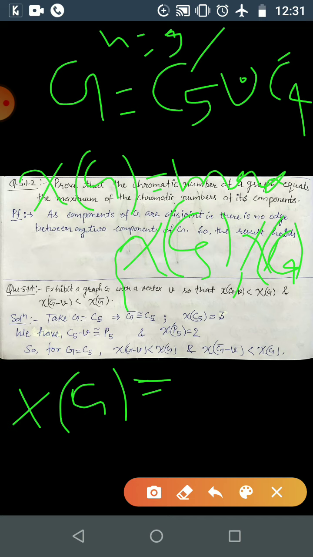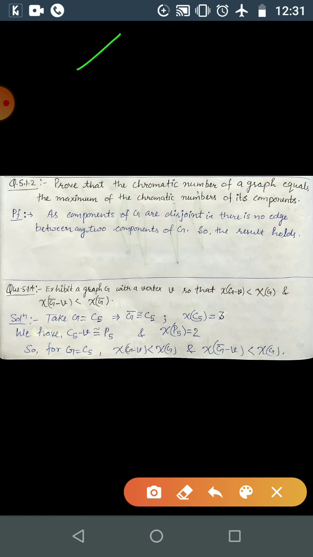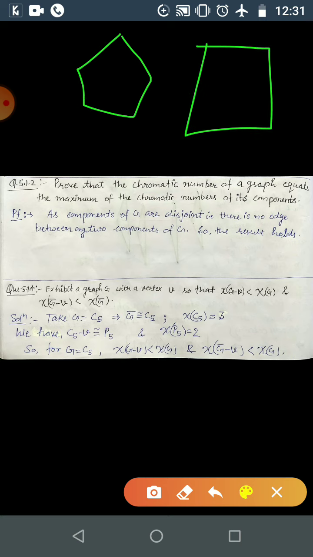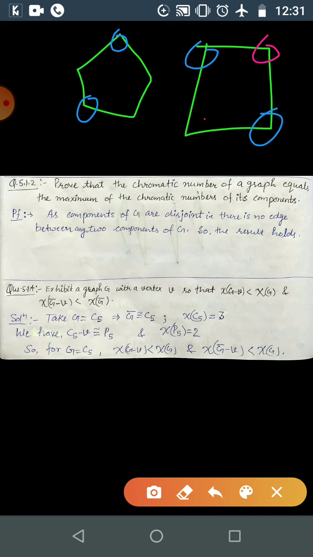Now it will be 3, correct, and you can check that also. So how is C5 this one, correct, and C4 is this one, and this graph is a disjoint union. So you can use this color, then this color, and here this color, this color, and another color you can use for this one and this one.